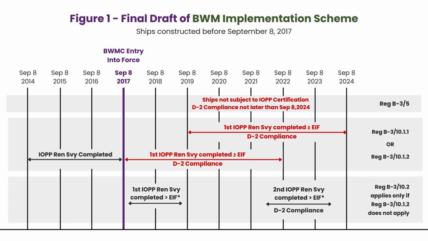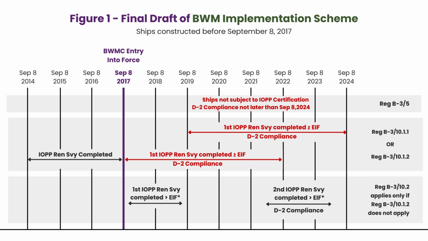Any ship built after 13th October 2019 has to comply with the D2 standard, and all ships have to comply by 8 September 2024. In other words, they do not have to carry out exchange. They require a ballast water treatment plant to be retrofitted.